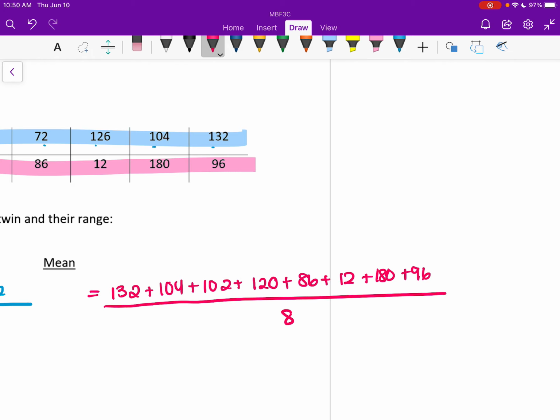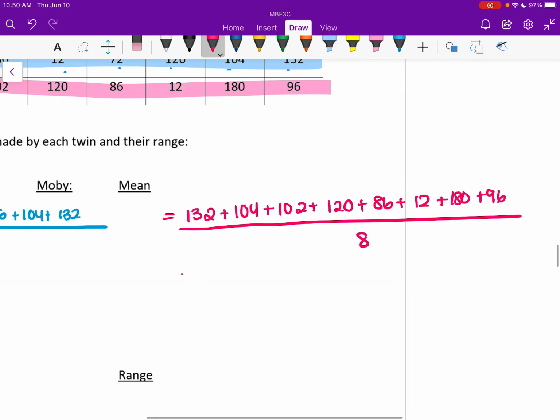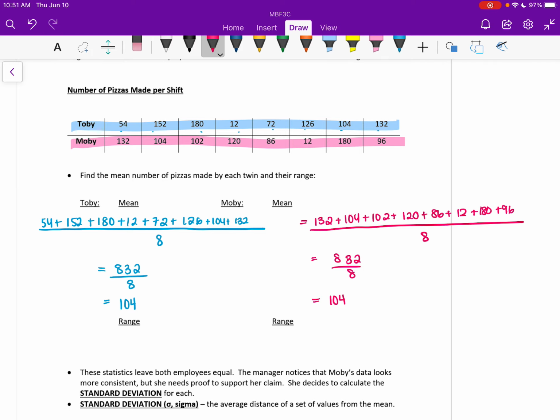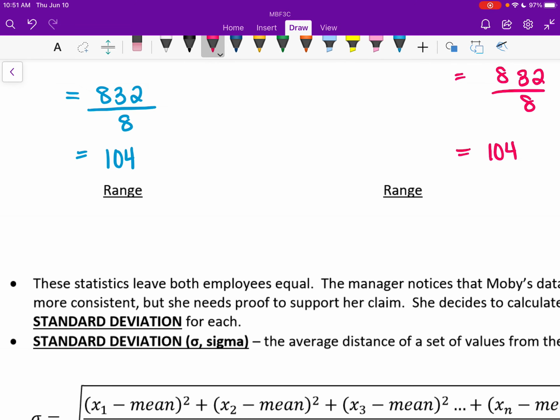Take all of them, divide it by 8. 832 divided by 8, this is also 104. So if you're looking at just the averages, it looks like Toby and Moby are equally as deserving of the raise, right? So let's go look at the range of these two data.